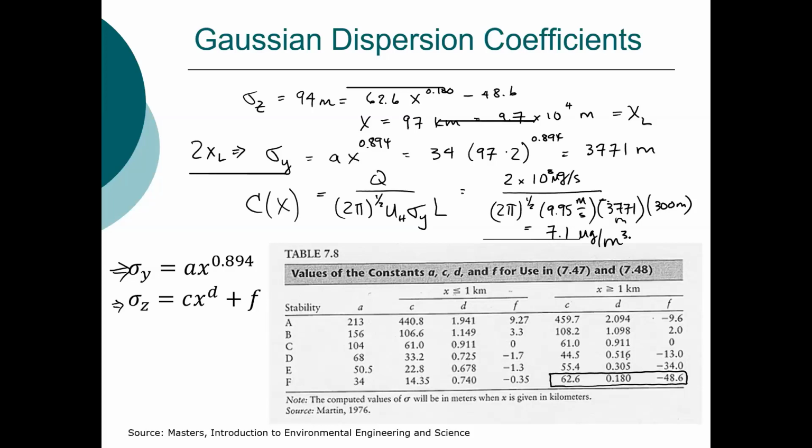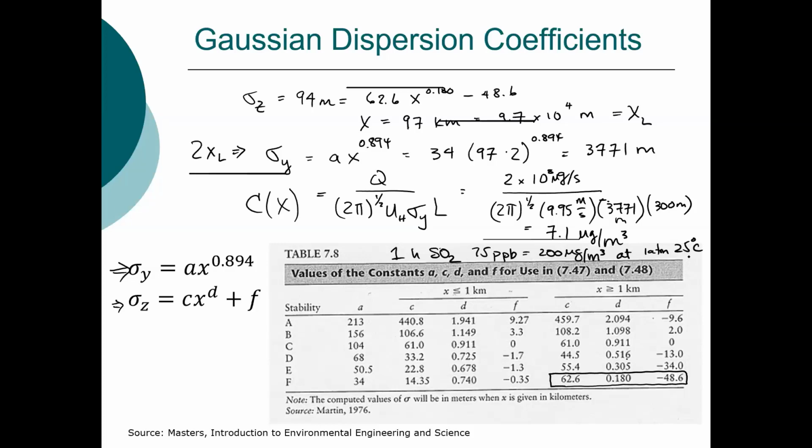Just to compare this, the 1 hour SO2 limit standard is 75 parts per billion, and that is 200 micrograms per meter cubed at 1 atmosphere, 25 degrees C. So that just gives you a comparison.